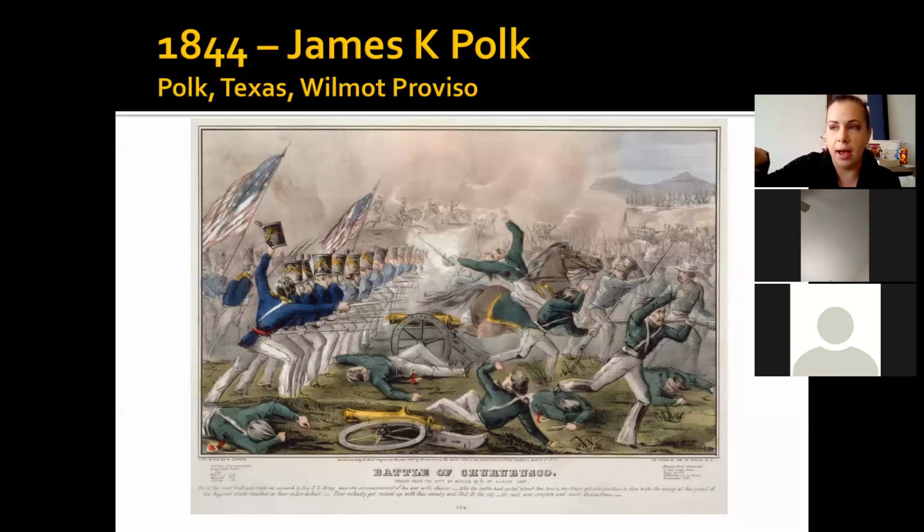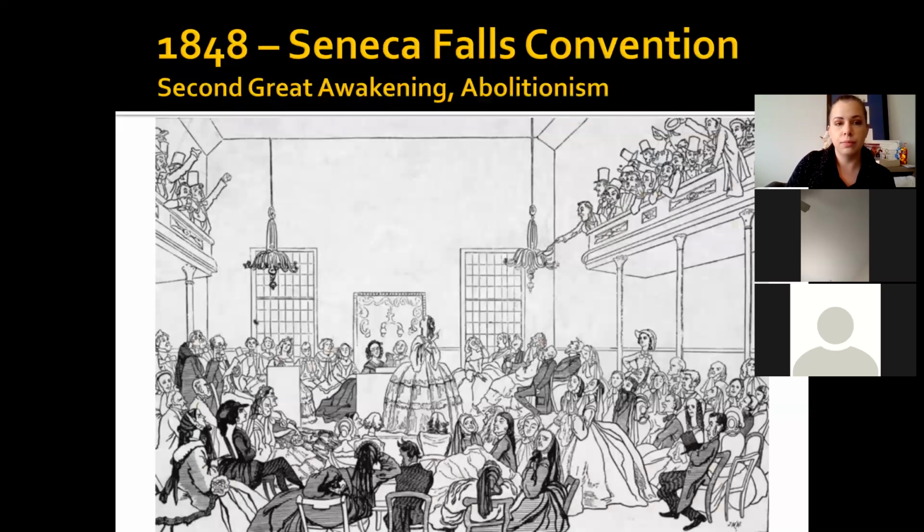Remember, the Mexican Cession is Colorado, Utah, Arizona, as we spread west. This congressional proposal asks that we stop the spread of slavery. It doesn't ask that we stop slavery in general. It asks that we stop the spread of slavery into new territories. But it is ultimately unsuccessful.